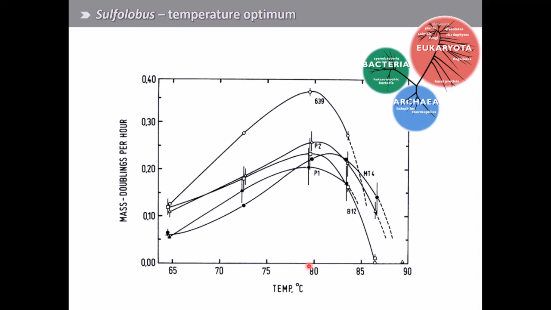And here you see a graph of the growth dependence on the temperature. And our lab model is Sulfolobus, and you can see that optimal growth temperature is around 80 degrees. And if the temperature is low, we simply do not want to grow there. So we need the temperature.